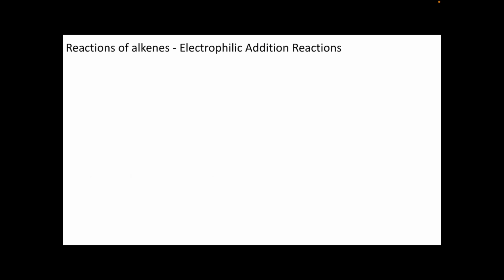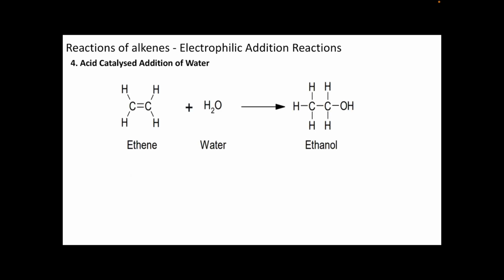The last reaction type you need to know is the acid catalyzed addition of water. So, if you see an alkene and you are adding water to it, then we can call that electrophilic addition because the water adds across the double bond.